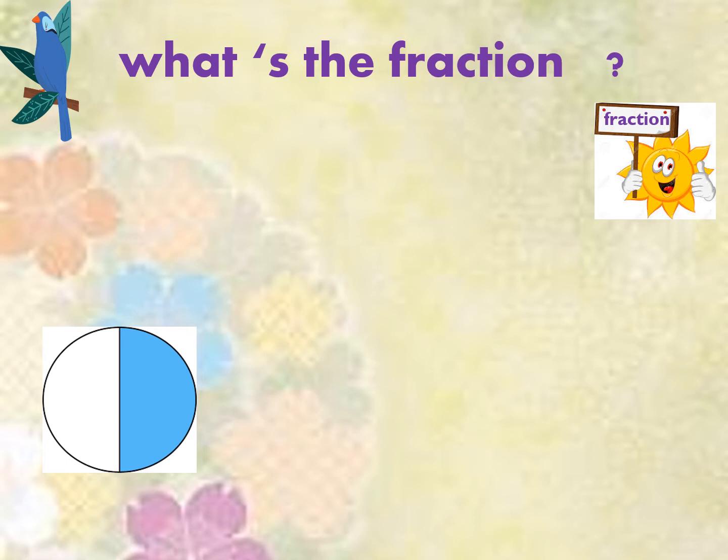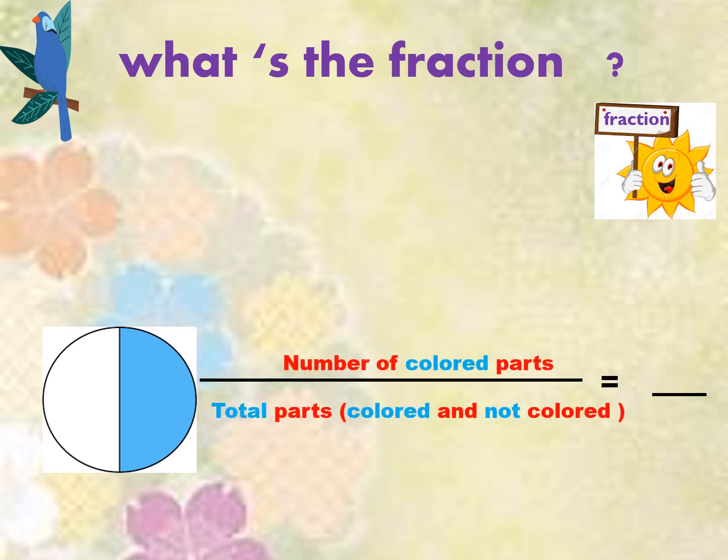In the fraction, I have a definition: the number of the colored parts on the upper side, then a dash, then the total parts, colored and not colored, in the bottom. This dash, by the way, is called the fraction bar.